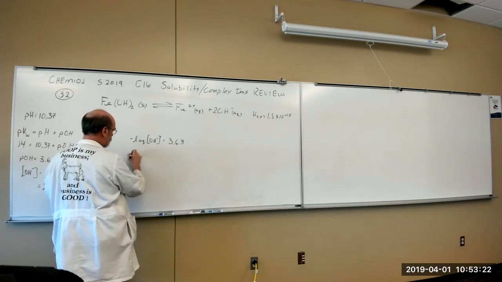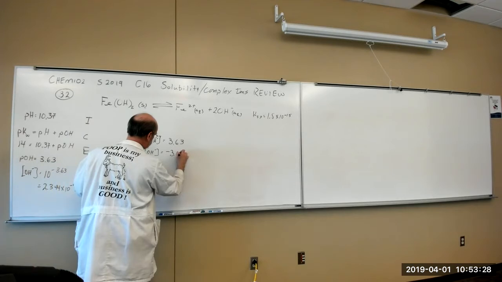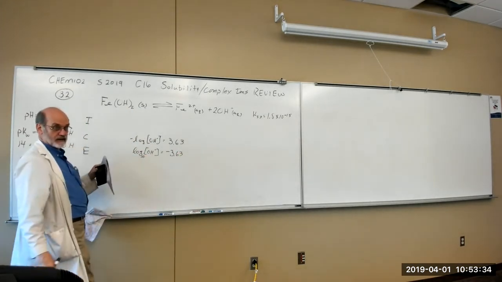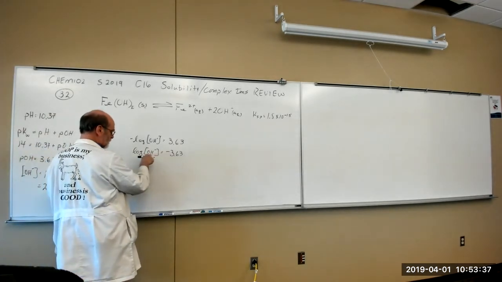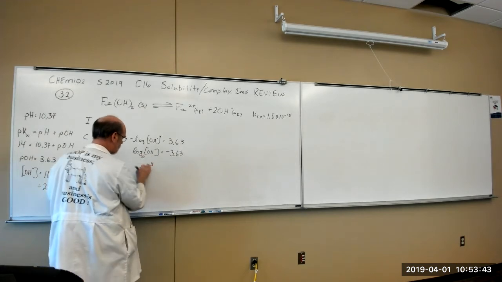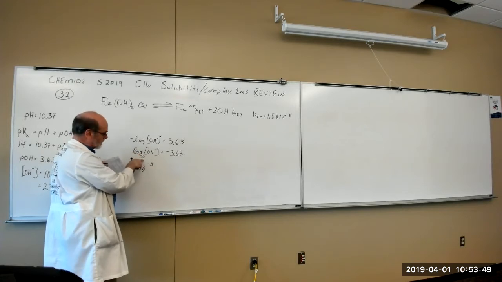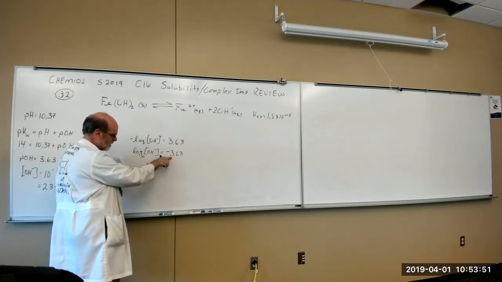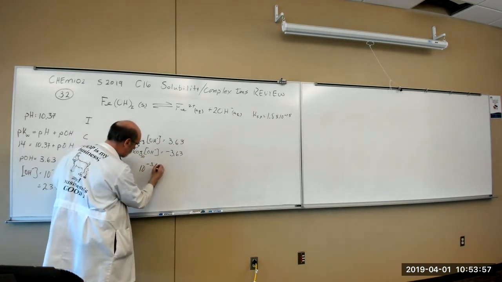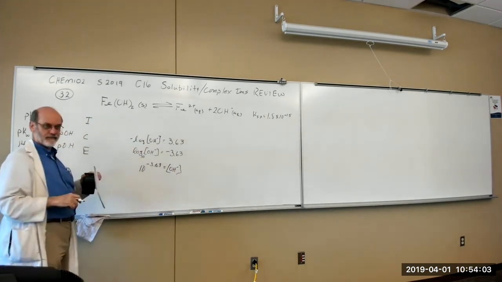So we take the negative over here first. Negative 3.63. Okay? The base here is 10. So 10 to that power equals this. That's what logs mean. The base of the log here is 10, right? This is common logs. So the base to that power is equal to this value.